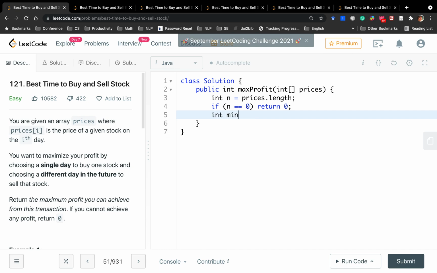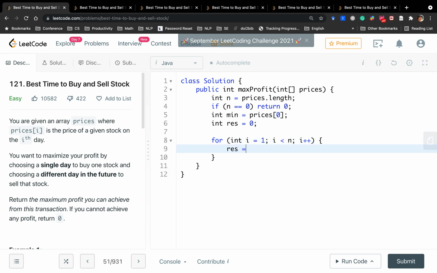We need a minimum, and we first assume the price is 0, and we also need a result, which is the profit. So at the beginning it's 0. Then we iterate over all the prices. So we know the result will be the maximum of result and prices[i] minus minimum, right?